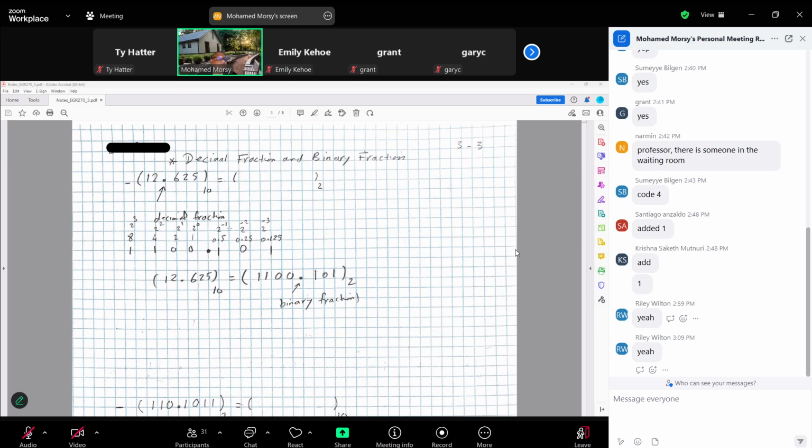Actually, 2 to the power negative 1 is 1 over 2, which is 0.5. 2 to the power negative 2 is 1 over 4, which is 0.25. Then 2 to the power negative 3 is 1 divided by 8, which is 0.125. I just showed you here how we got these 0.5, 0.25, 0.125.